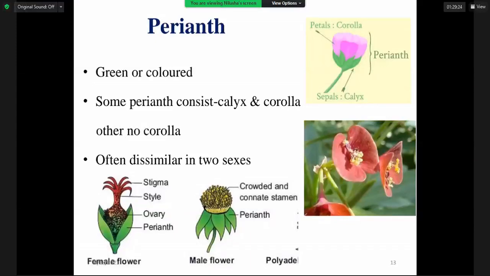Some perianths consist of calyx and corolla, in others there is no corolla, only calyx. That perianth part is dissimilar in female and male flowers. You can see the female flower perianth and the male flower perianth there.